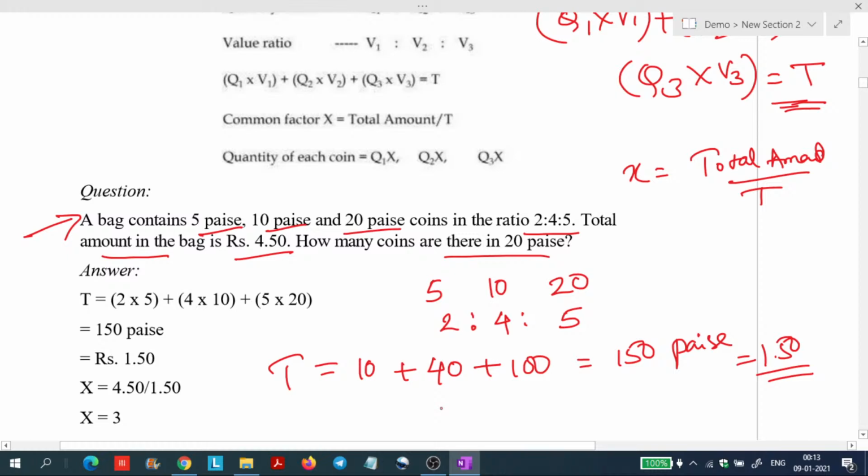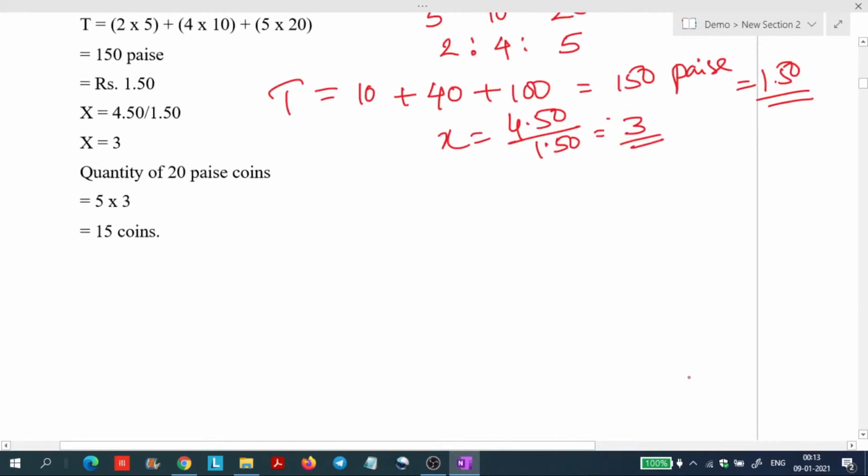Now x equals total amount by T. The total amount in the bag is given as 4.5 divided by 1.5. So we will get x equal to 3.